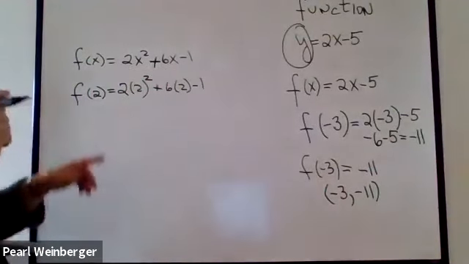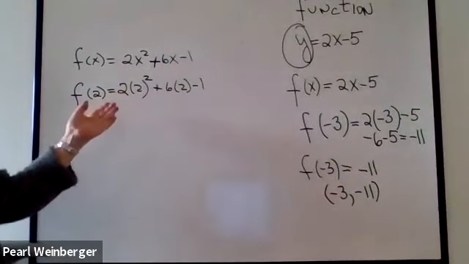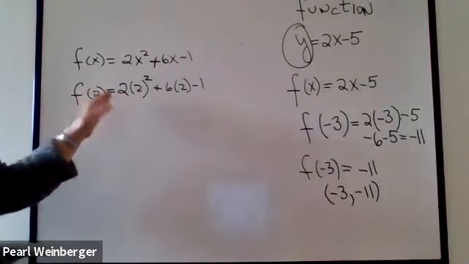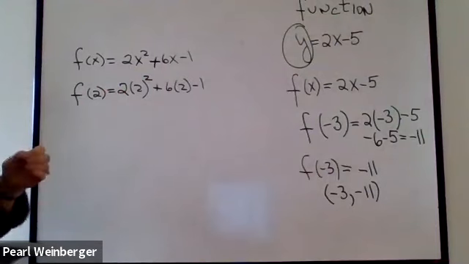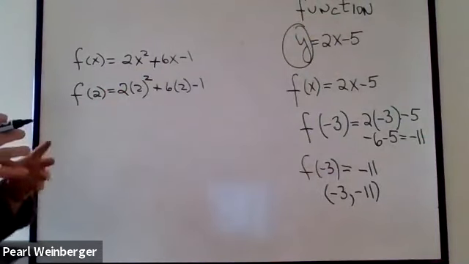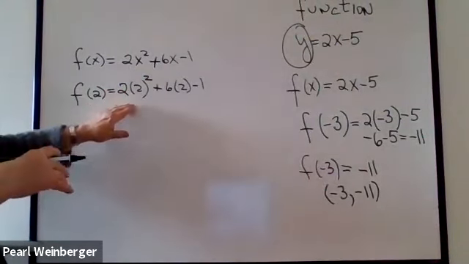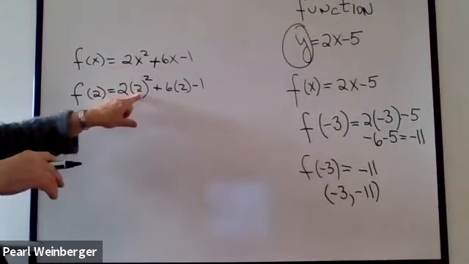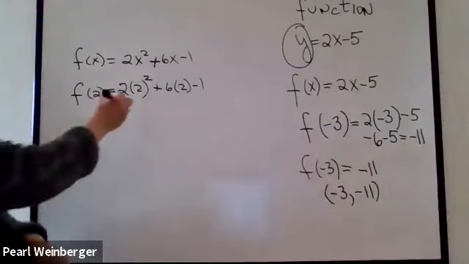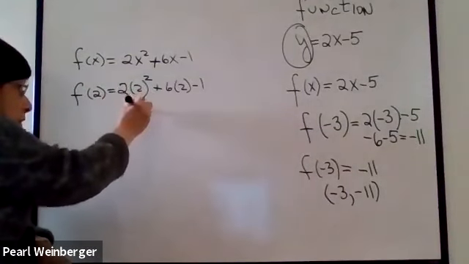Now we have to be careful. First of all, if you wanted to, you could, exactly the way you see it here, stick it into your calculator. It'll give you the right answer. But it's not so hard to do without a calculator. Remember, we do the exponent first. 2 squared is 4.